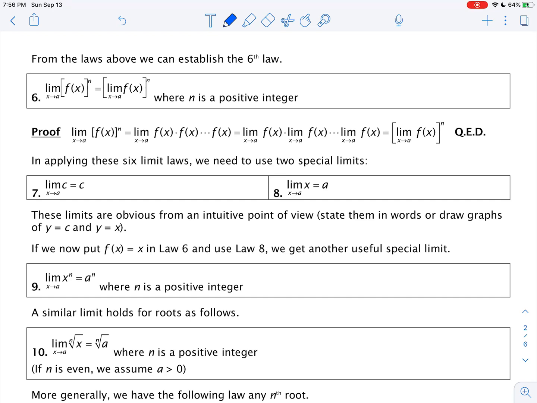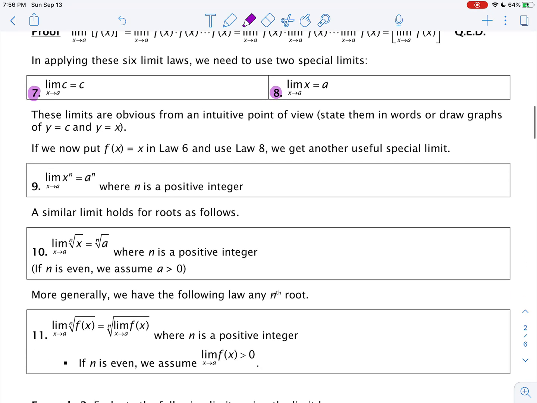We also have a couple of very important ones. The limit of a constant is the constant, and the limit as x approaches a of x is actually equal to a. We also have the limit as x approaches a of x to the n is going to be a to the n, where n is any positive integer.